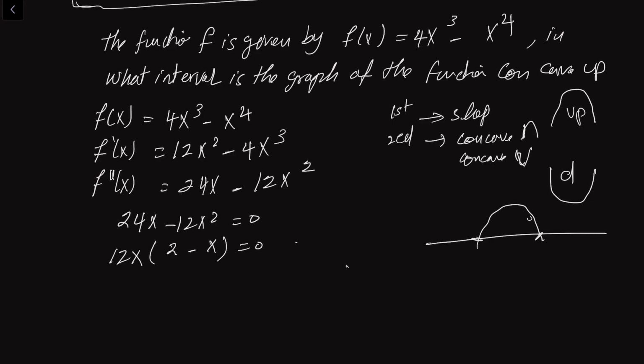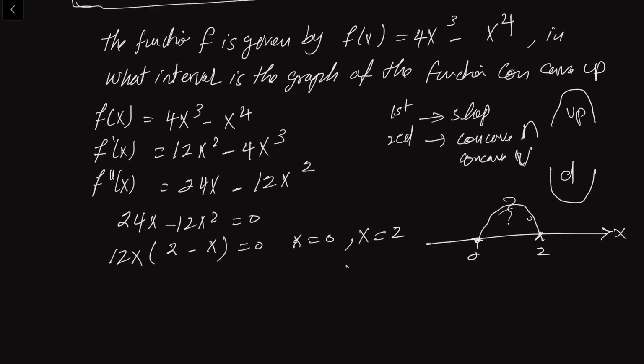That means x equals 0 or x equals 2. So those are the two values, 0 and 2. We don't know yet whether it's concave up or down, but at least we know where the graph intercepts the x-axis.